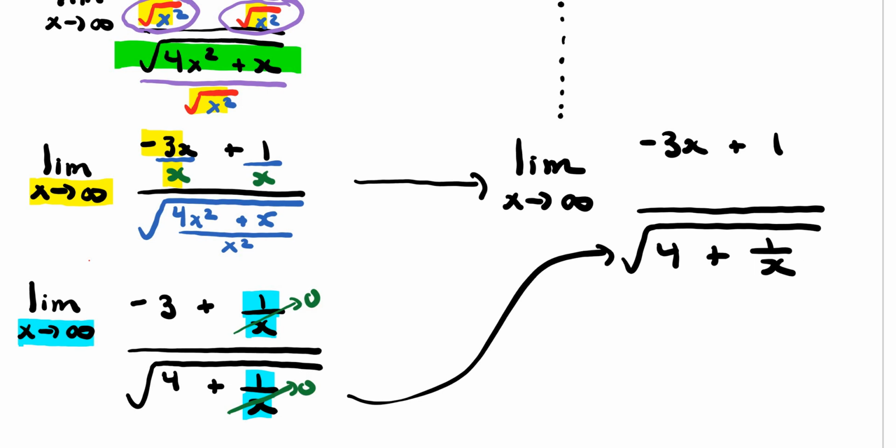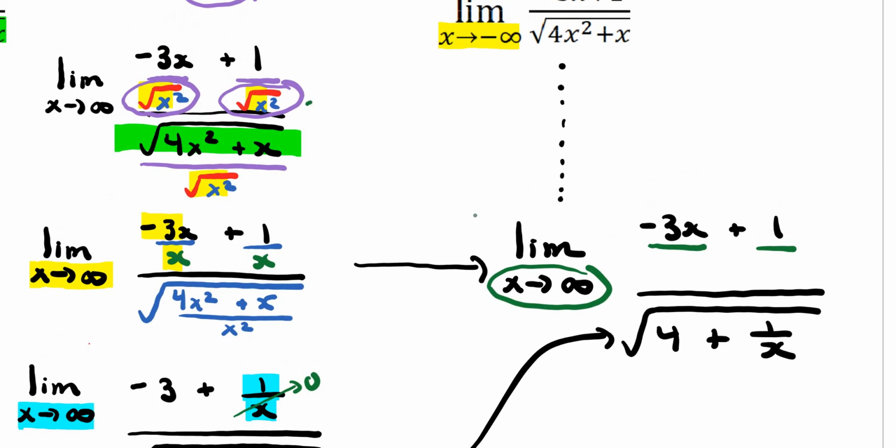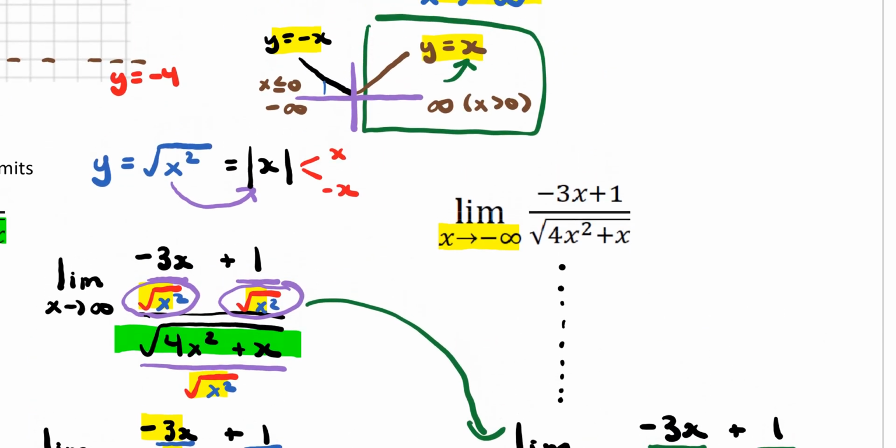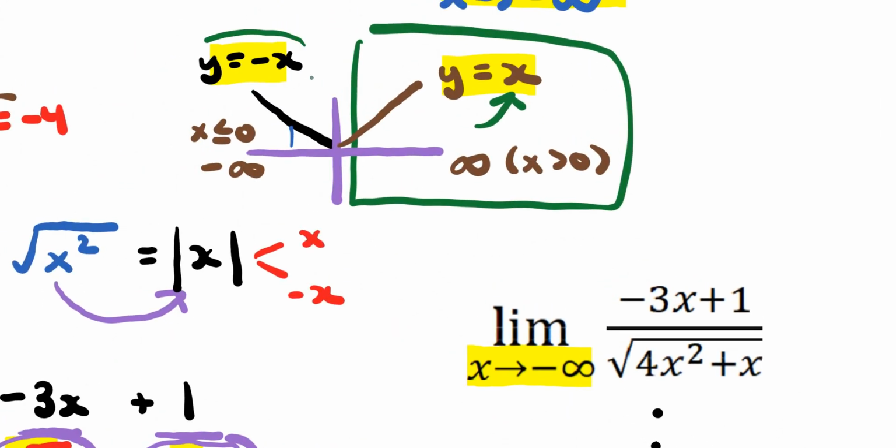And when x goes to infinity here, for absolute value functions, I just want to reemphasize this. We know that we're dealing with the function y equals negative x now.